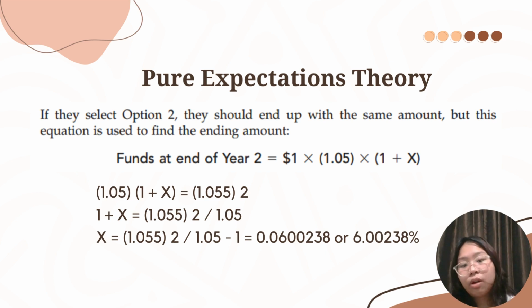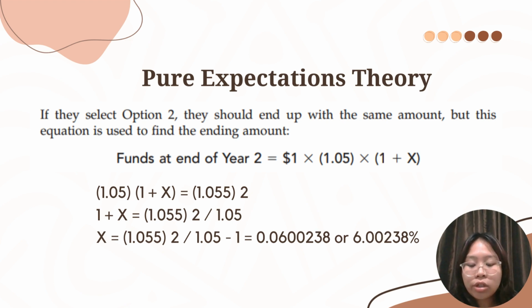The formula for that would be: funds at the end of year 2 is equal to $1 times 1.05, which we got from 1 plus 5%, times 1 plus x. So to get the ending amount, 1.05 times 1 plus x is equal to 1.055 raised to 2, which we got earlier.